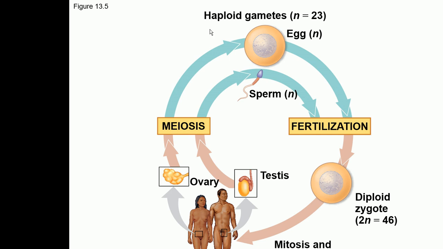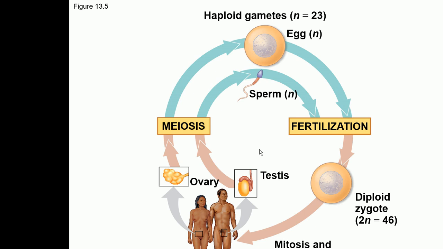The sperm is haploid, which means it has one set of chromosomes. The egg is also haploid, with one set of chromosomes. When the sperm fertilizes the egg, it forms a diploid zygote, which has two sets of chromosomes, one from the sperm and one from the egg.